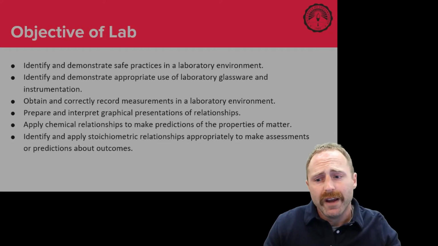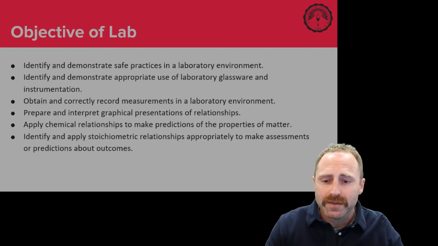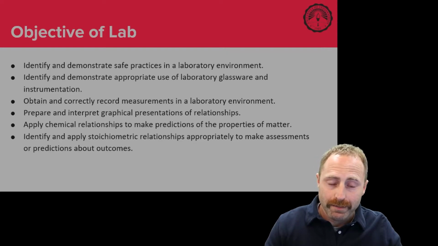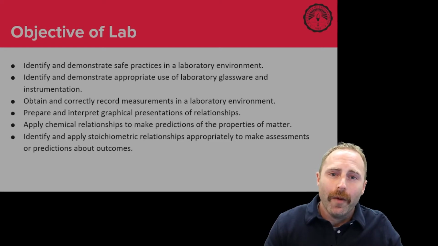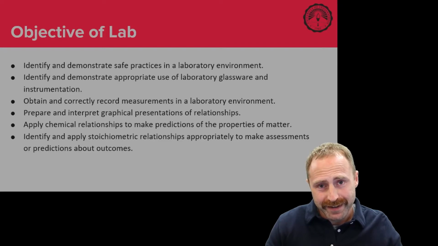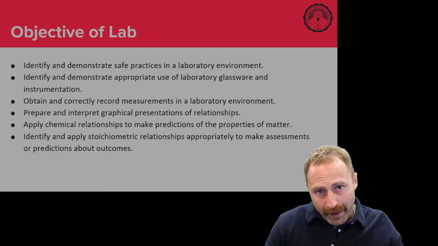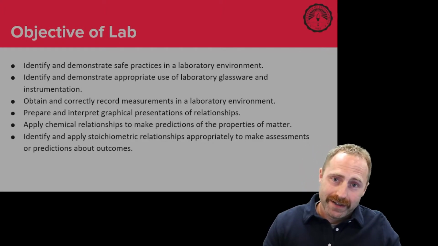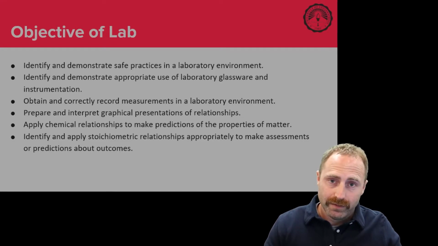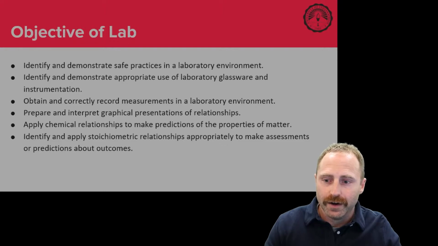We want you to be able to apply chemical relationships to predict the properties of matter. It's chemistry. We're going to be doing reactions. We should be able to predict with reasonable certainty what's going to happen in most of our reactions, though. And so part of this course is going to be helping us to make those predictions and then checking them and making sure that they're valid and that our understanding is correct.